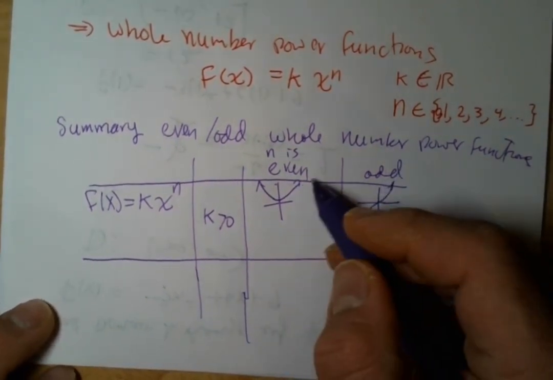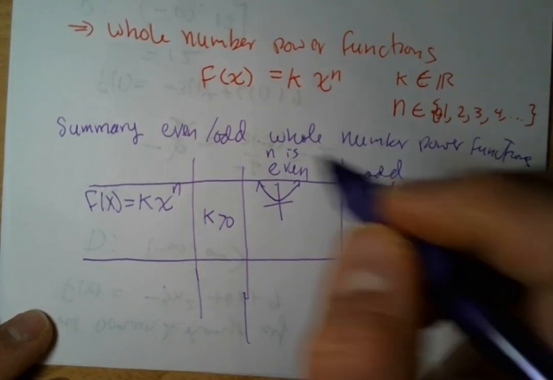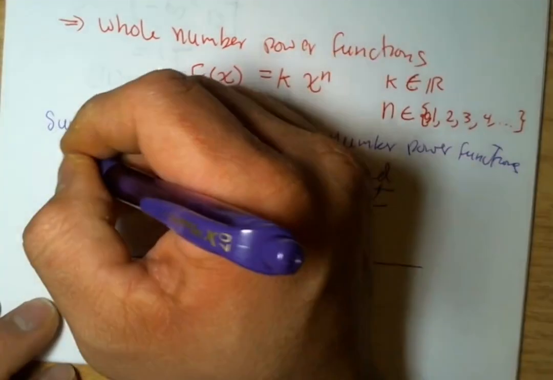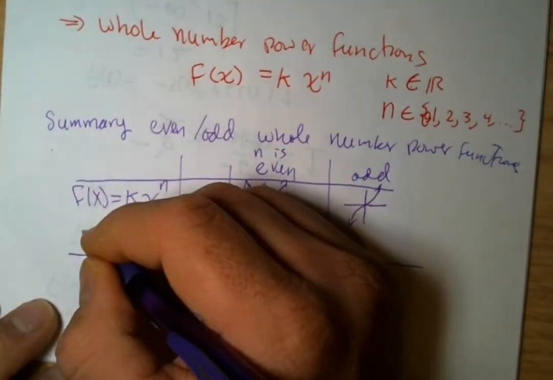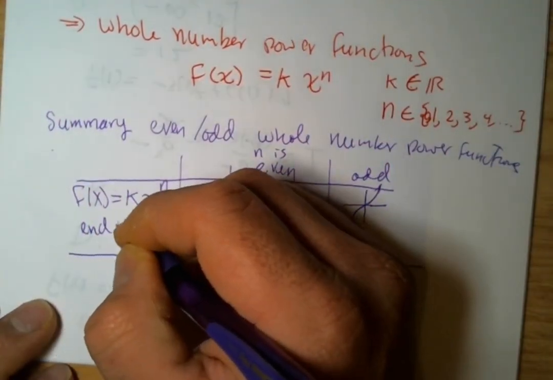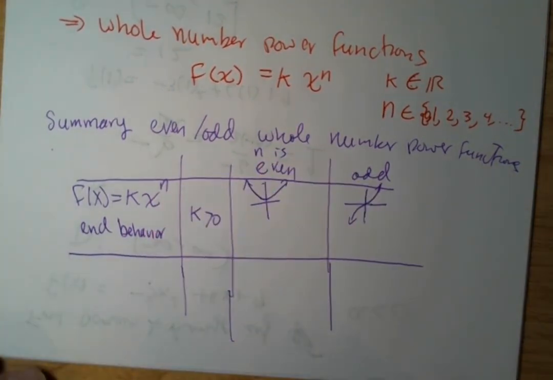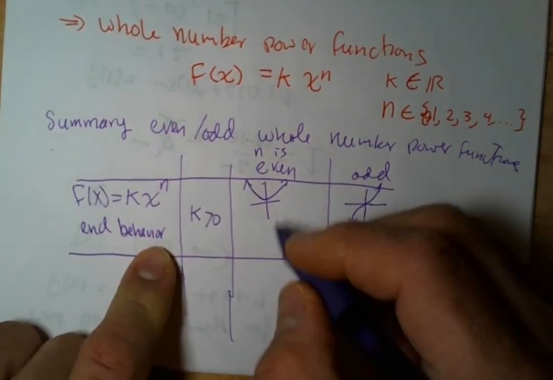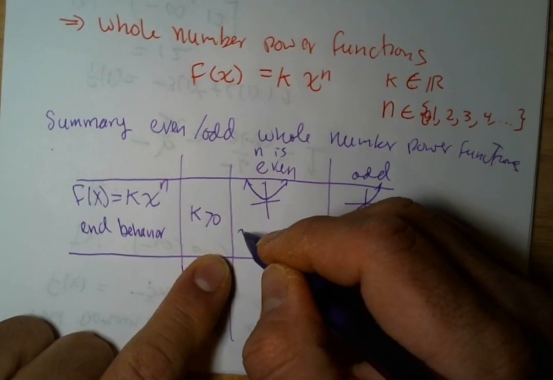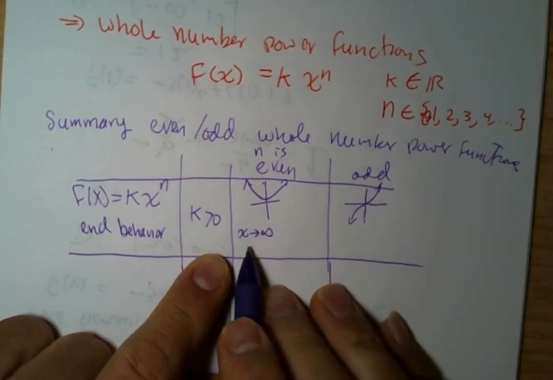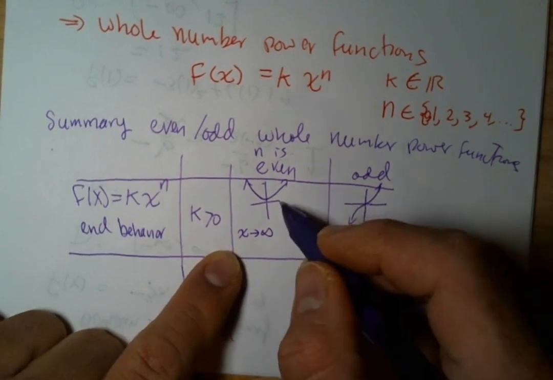Now we want to look at what happens for the end behavior. Whole number summary. So here, I want to describe what happens as x goes to infinity. I'm going to use this notation, x going towards infinity.